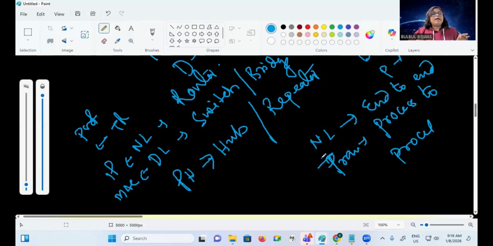The network layer will take the data from one IP to another IP, but the transport layer will deliver the particular data to the particular application. Every application gets its own application data. Who is responsible for this? The transport layer. So we call the transport layer responsible for process-to-process delivery, and the network layer responsible for end-to-end delivery.